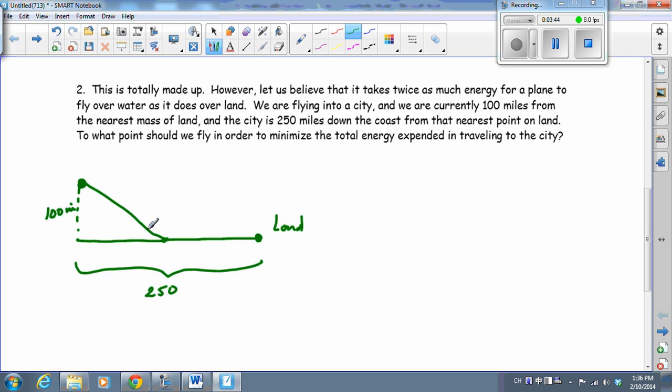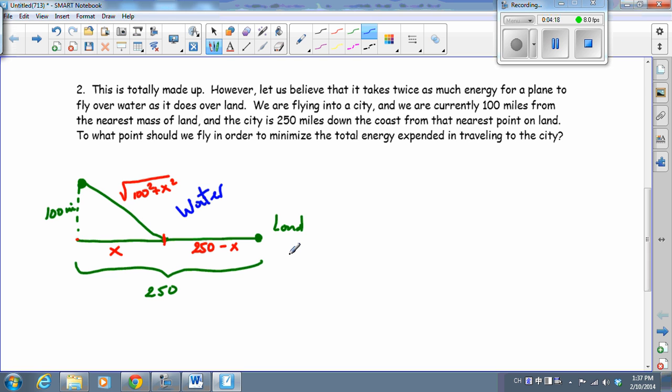Now, if this is 250, I can break this into 2 pieces, this being X and this being 250 minus X. By the way, I'm breaking it right here. We've seen a problem like this before. To find this missing portion, if I sit only in the triangle, this missing portion is the square root of 100 squared plus X squared. By the way, this here is the water.